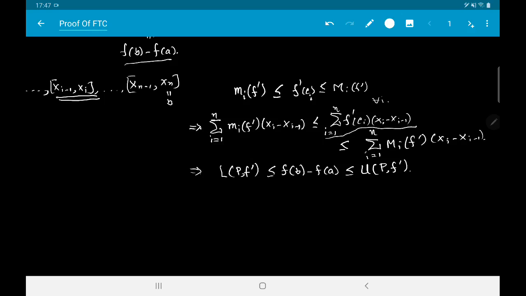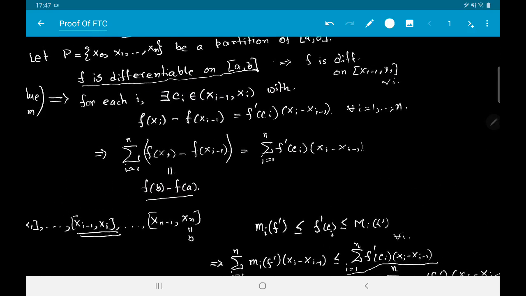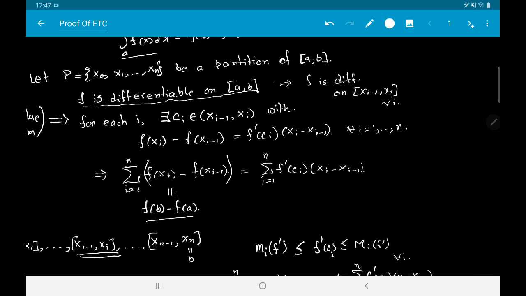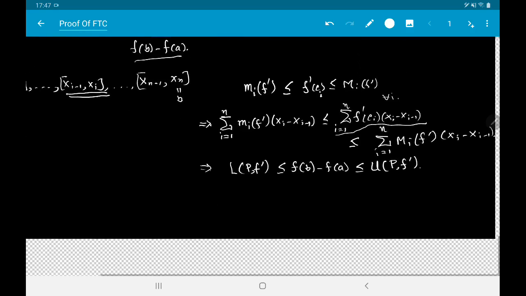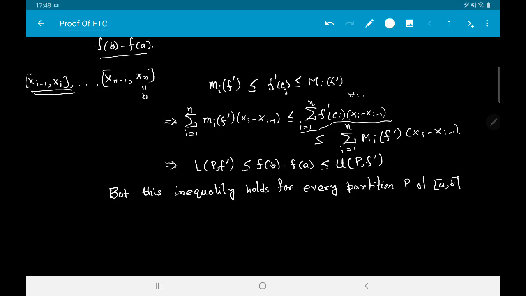So let me write down f(b) − f(a), and this lies between L(P, f prime) and U(P, f prime). But we started with a partition, and we did not impose any condition. Our first statement was: let P be a partition of [a, b]. So this inequality is true for every partition P of the closed interval [a, b].